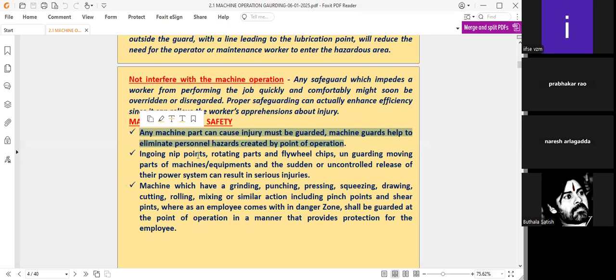Ingoing nip points, running points, for example impellers, as well as pump shafts and motor shafts, rotating chains, chain pulley blocks, flywheels, V-belts, everything should be taken care of, as serious injuries can result. At ingoing nip points, your fingers can simply be gone.